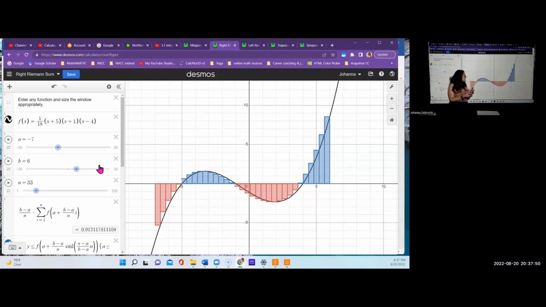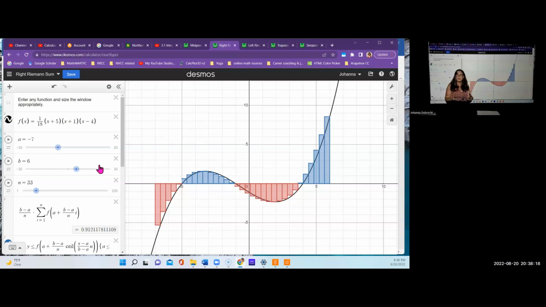And that white space indicates an error, an underestimation of the area. And then these parts right here where it's past the curve are an overestimation. So generally speaking, if I'm using a right Riemann sum and I have an increasing function, I'm overestimating the amount of area. And if it's decreasing, then I'm underestimating the amount of area.